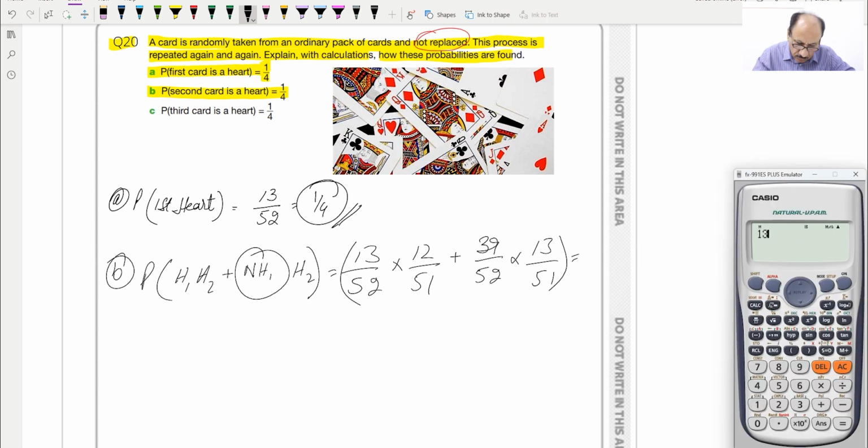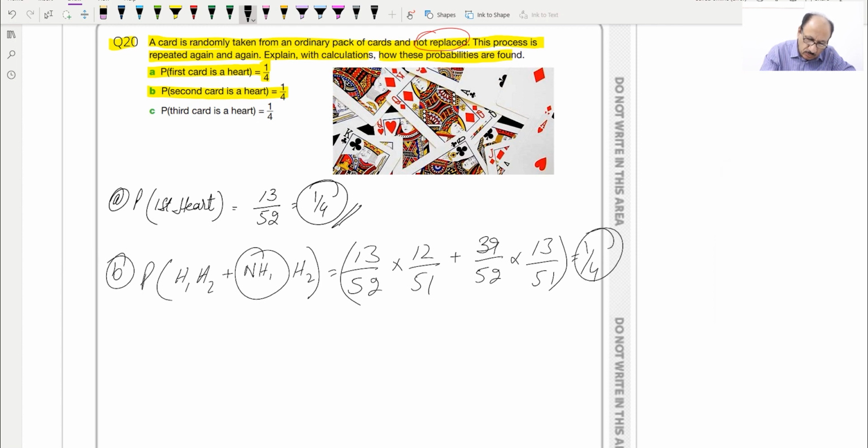This will be 13 over 52 multiplied by 12 over 51, plus 39 over 52 multiplied by 13 over 51, and this will be equal to 1 by 4.